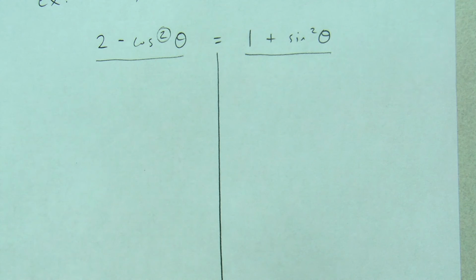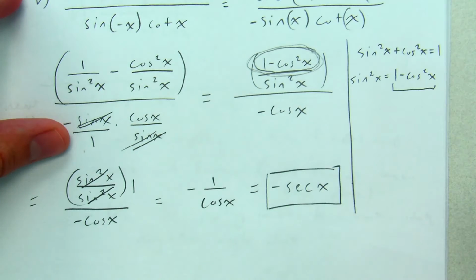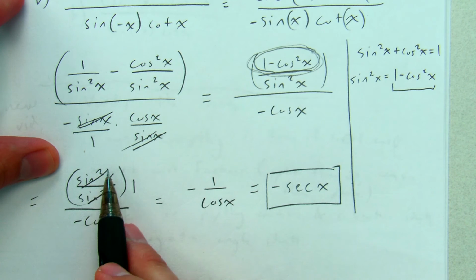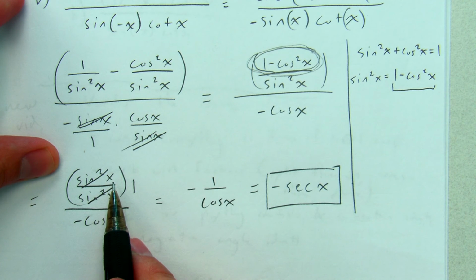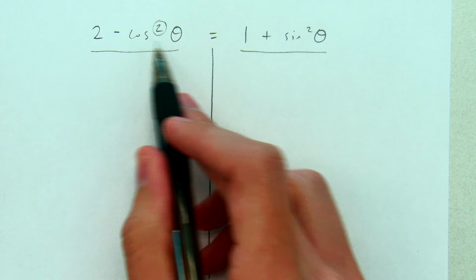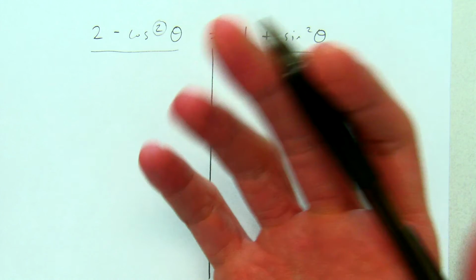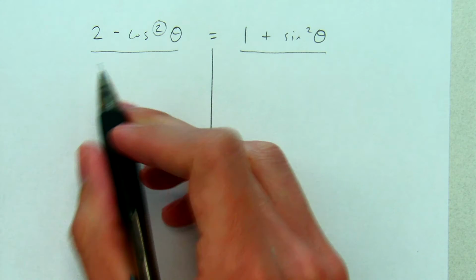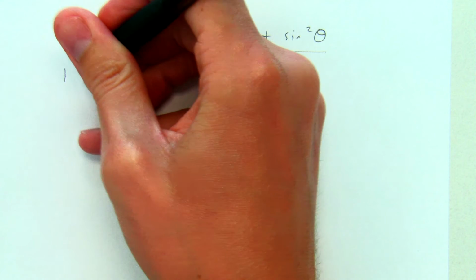And we saw in the last problem that 1 minus cosine squared x equaled sine squared x, right? Is there any way I could rewrite 2 minus cosine squared theta so that it was 1 minus cosine squared theta? Well, let's see. 2 is 1 plus 1, isn't it?